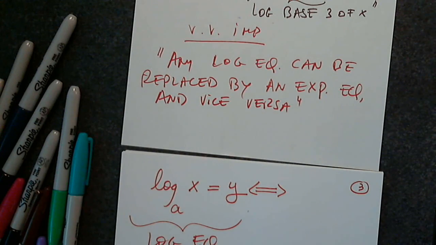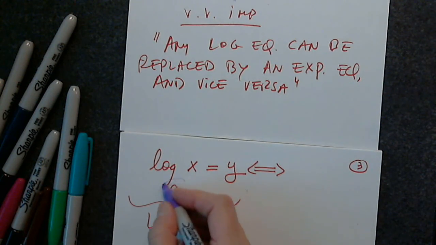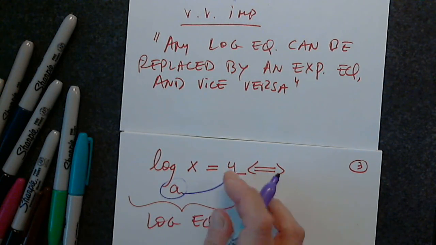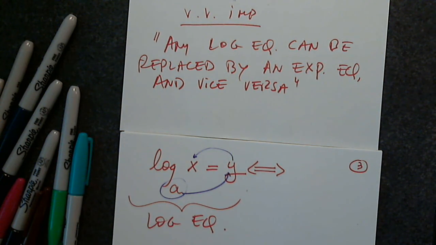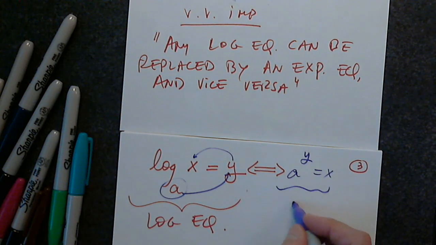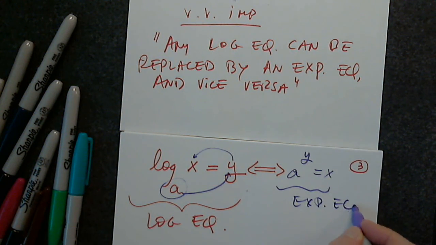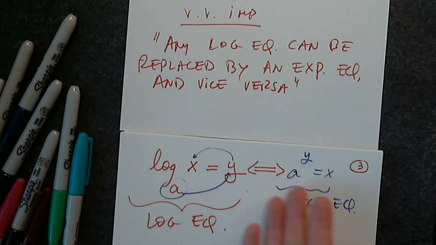So please pay attention, so we remember from the very beginning how we convert. We always start with the base, we raise it to y, and we go counterclockwise back to x. a raised to y equals x. And this is an exponential equation. So we change the log equation to an exponential one, and we can change the exponential back to a log.